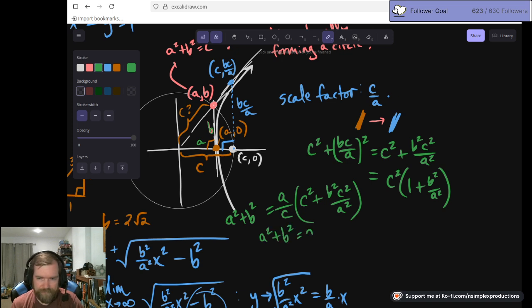But this is going to be ac plus b squared c on a. That's really ugly. And it doesn't contain a c squared, so that's good.